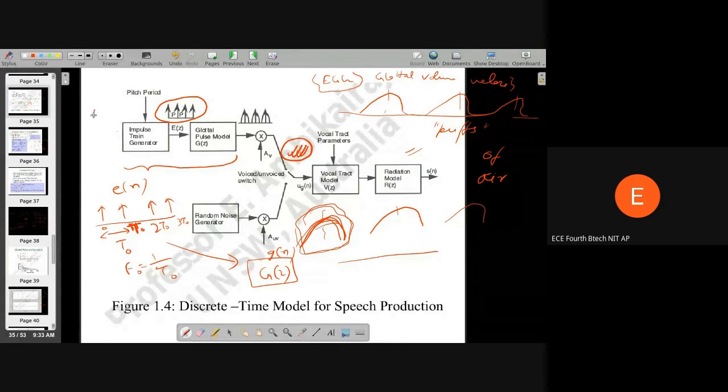This is the impulse excitation or excitation source, and after passing through the glottis, it is glottal excitation. These puffs of air, or simply a random noise like a flow of air, will now pass through the vocal tract. So we will now model the vocal tract.